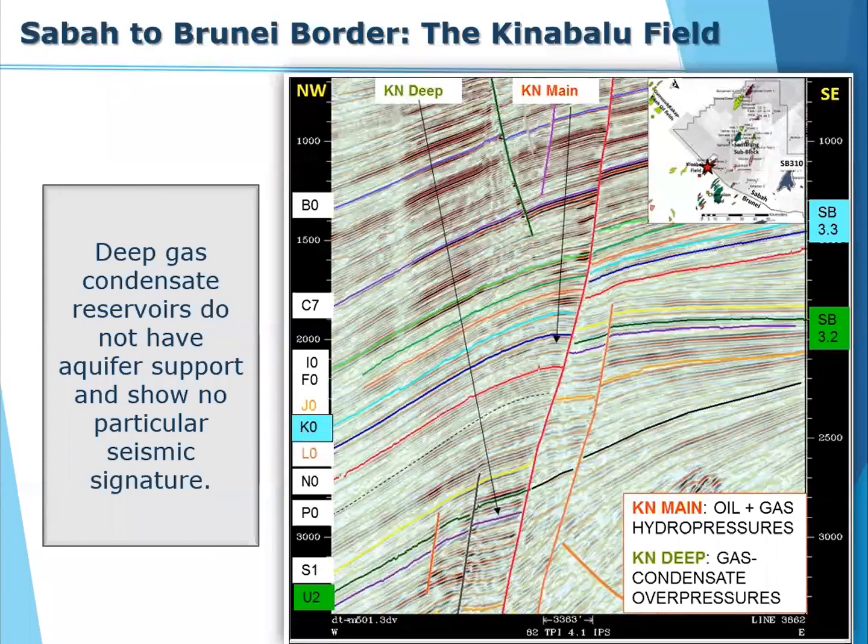So we see here a transition from outer shelf reservoirs at the bottom to inner shelf reservoirs higher up. And we note that higher up we see a lot more amplitudes, but again, the amplitudes are very difficult to quantify. I mean, the spots are quite loud, but we were not able to make anything out of it.